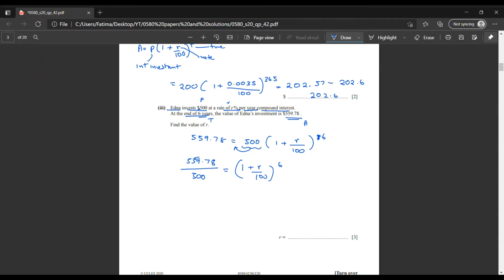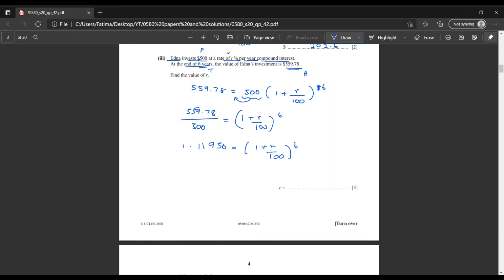So that is 1.11956 is equal to 1 plus r upon 100 raised to 6. So because it's raised to 6, we'd have to root it to the power 6. So it's equal to 1 plus r upon 100, and then we can continue solving as we normally would.